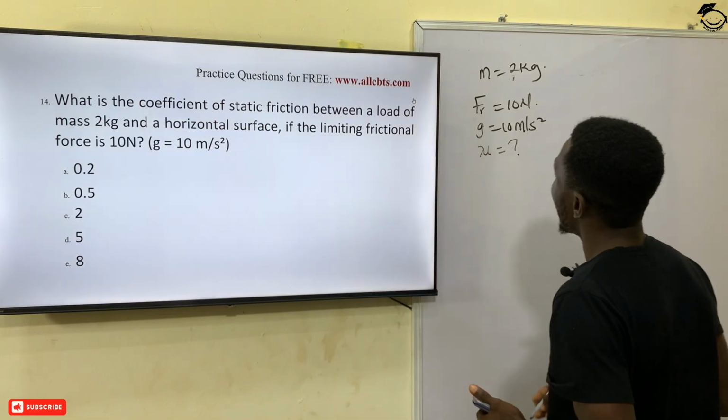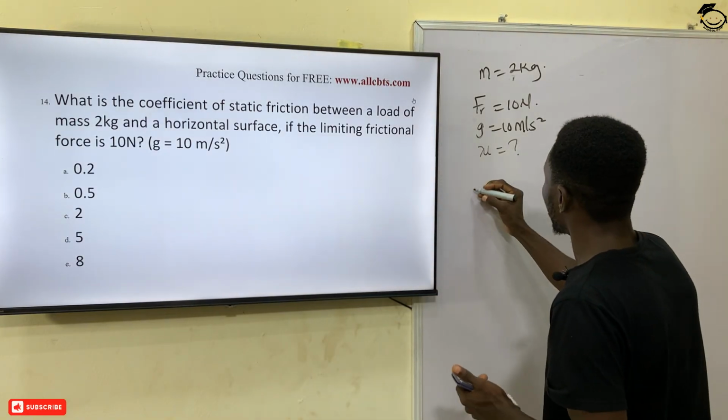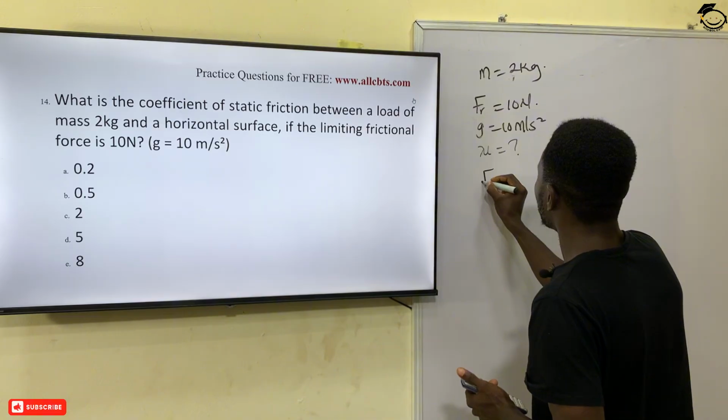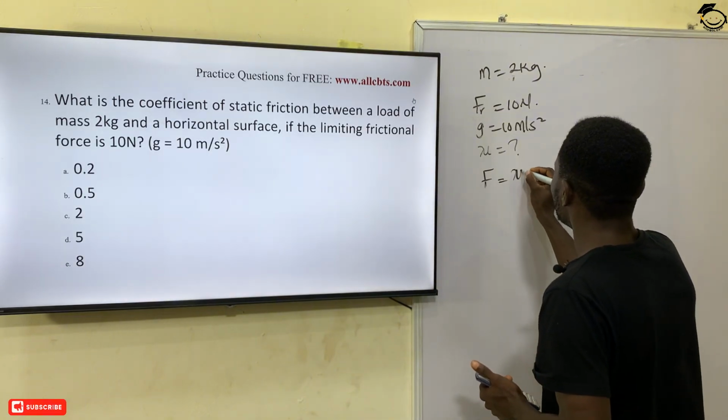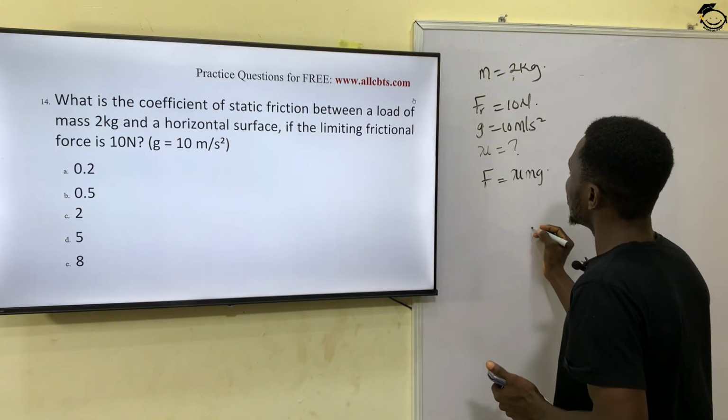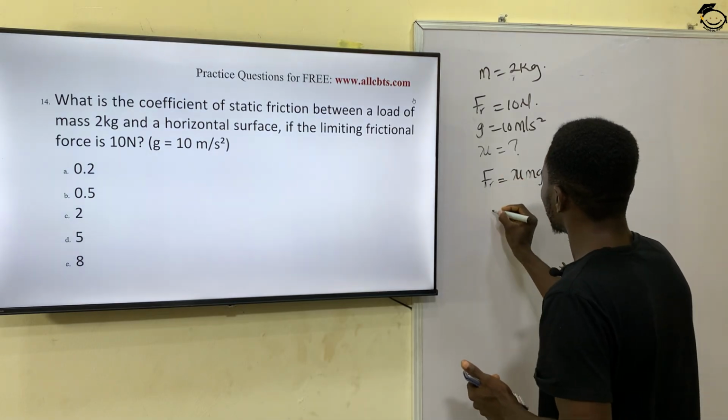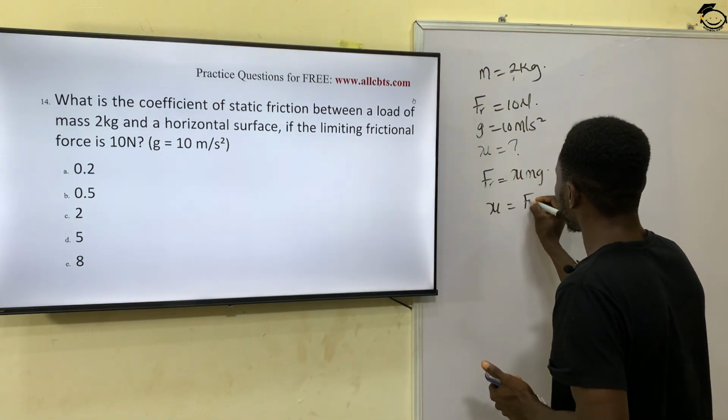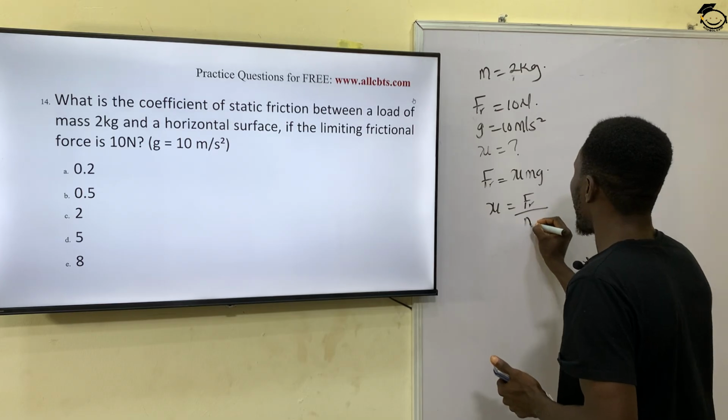We do not know. And we know from what we have done on frictional force before that the frictional force is equal to mu mg. So this is the same thing as saying that my mu is equal to frictional force divided by mg.